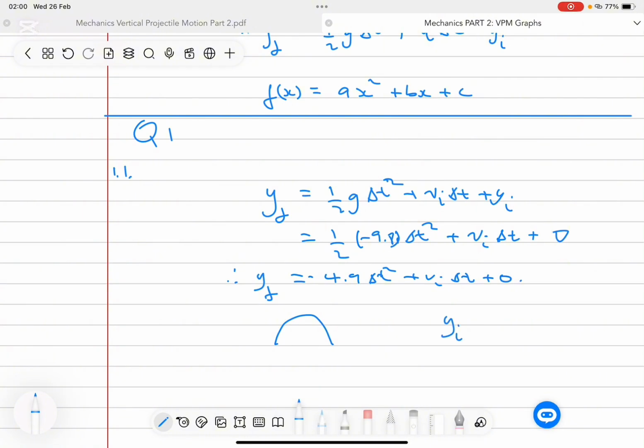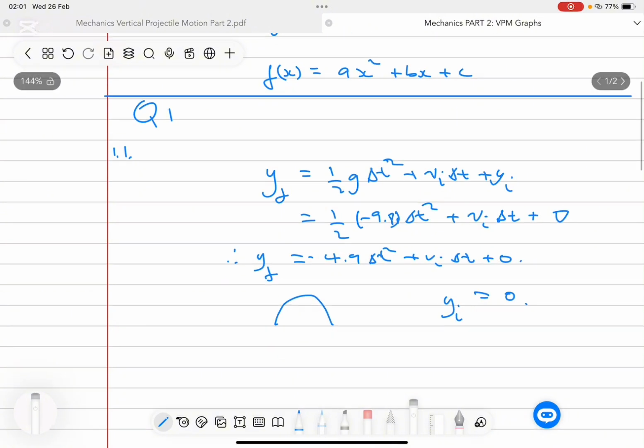This means that my graph should intercept the y-axis at 0. This is the initial position. In other words, that's where my graph will start, meaning this part should be 0 when I draw it on the Cartesian plane, because the graph will start drawing from this side going like that.